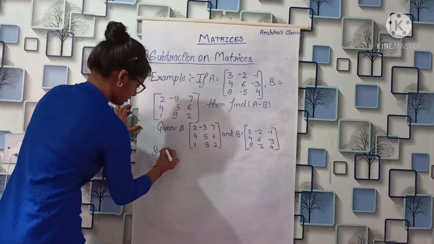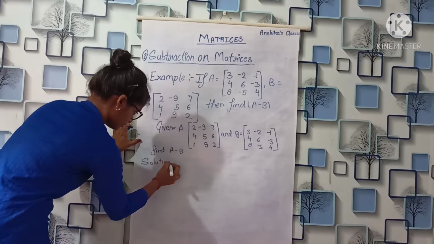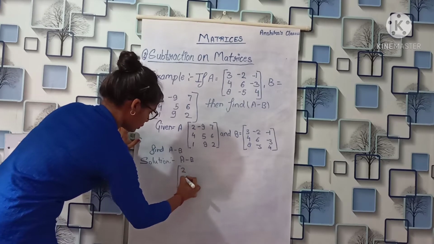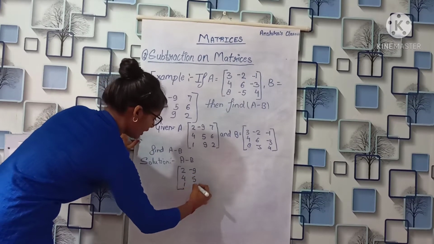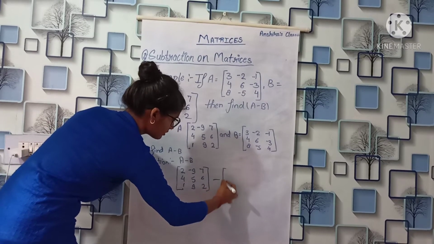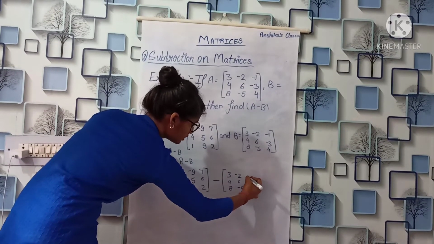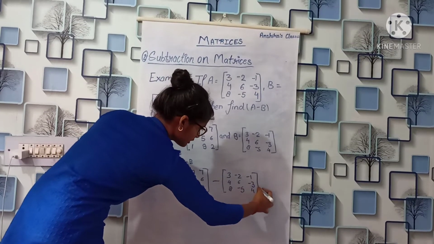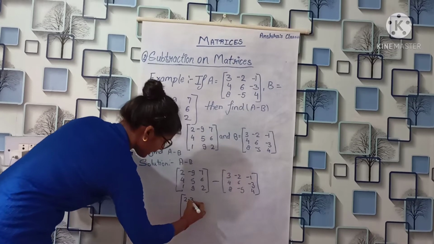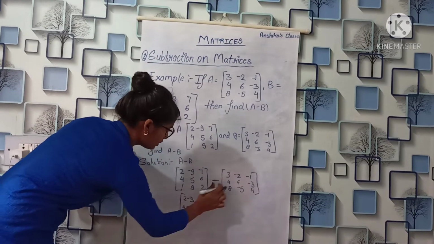Find A minus B. Then put the values: minus [3, 4, 8; minus 2, 6, minus 5; minus 1, minus 3, 4]. 2 minus 3, 4 minus 4, 1 minus 8.